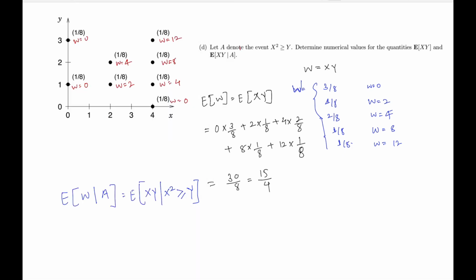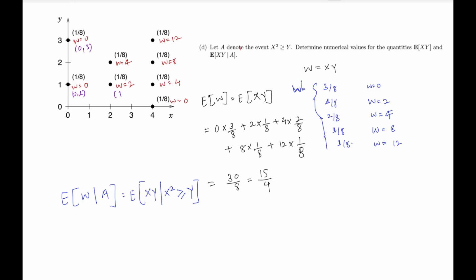So here what we can do, we can go through each case. Here all the values of x will be 0, so x square will be 0, y will be 1. Here x square will be 0, y will be 3.